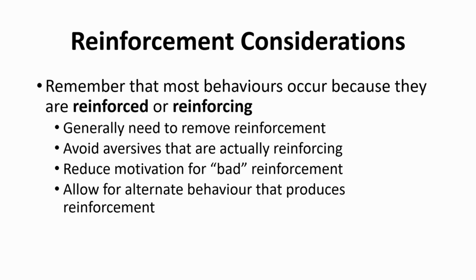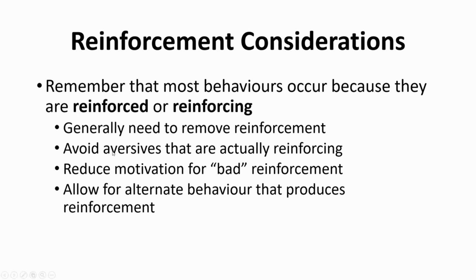So there's a combination of both reinforcing and punishing factors involved in most situations. So we do need to also consider the reinforcement side of things. If we want to have effective punishment, if we want to effectively decrease the occurrence of a problem behavior, we generally need to try and remove or at least minimize that reinforcement side of the equation.